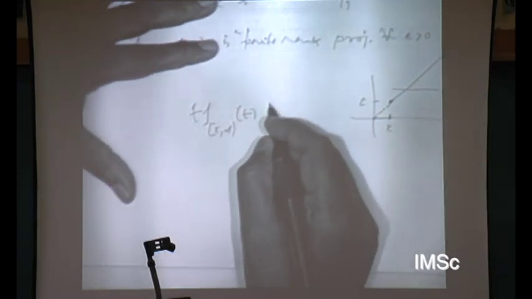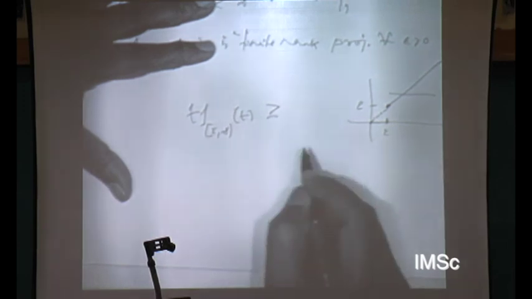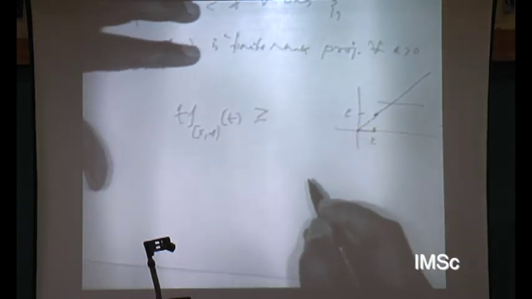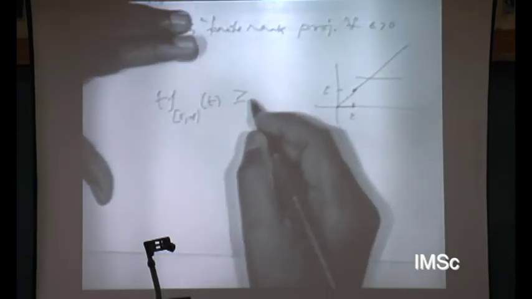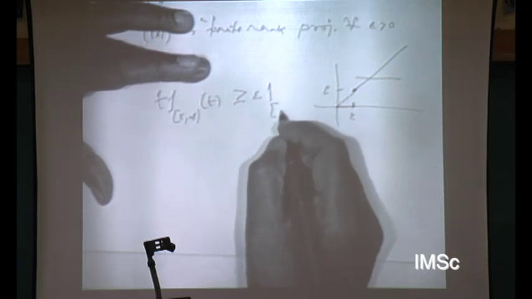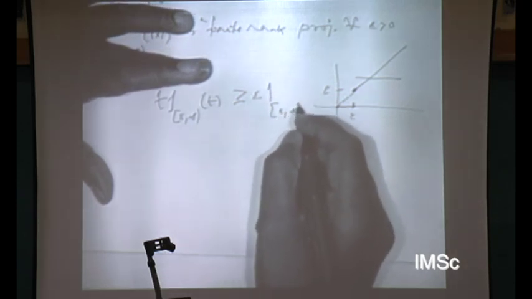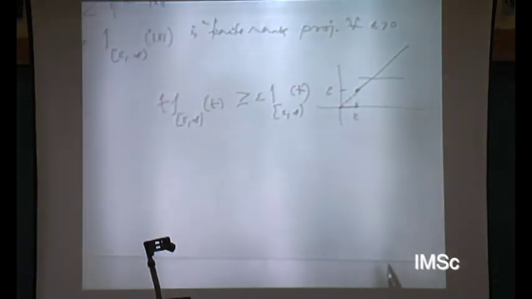That means that this is bigger than or equal to epsilon times the indicator of epsilon to infinity. On epsilon to infinity, t is greater than or equal to epsilon. That's what I'm saying in a fancy way.